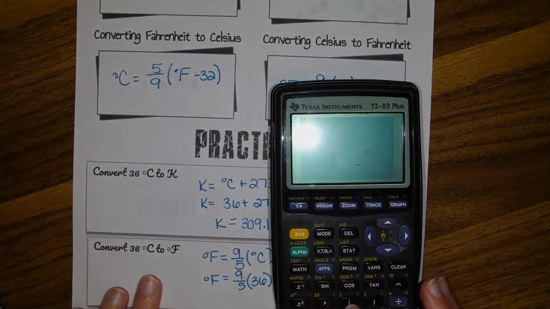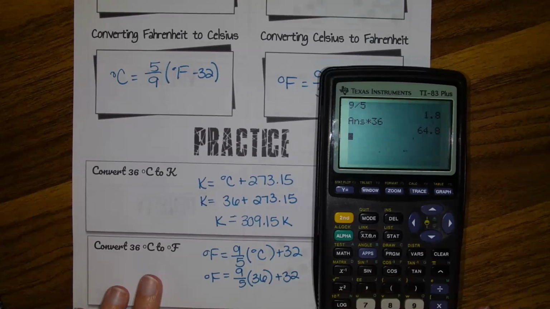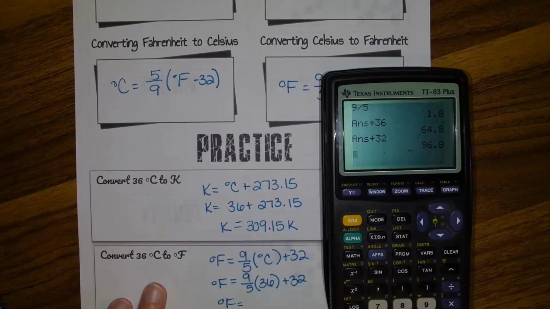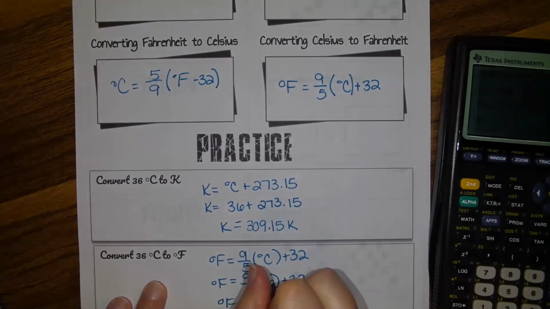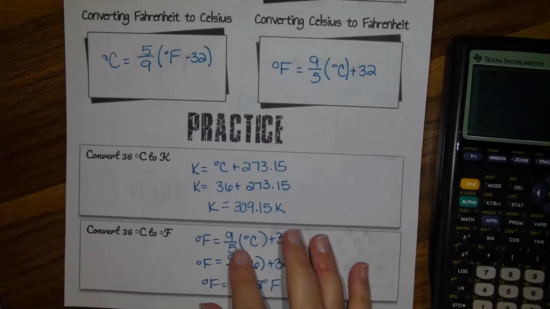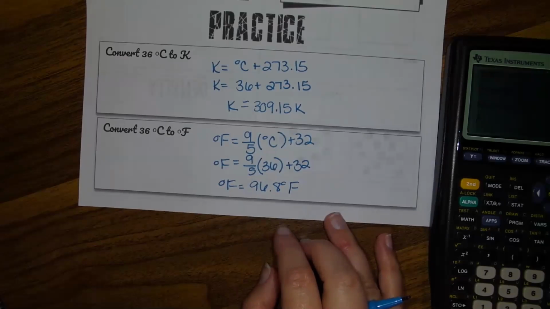So we're going to take 9 divided by 5 times 36 plus 32, which is going to equal 96.8 degrees Fahrenheit. So that's a really hot day in the summer.